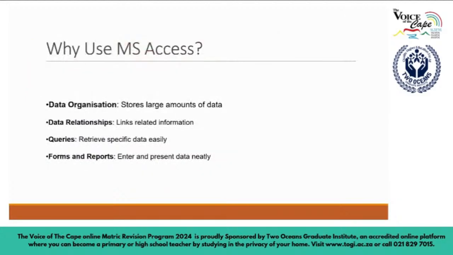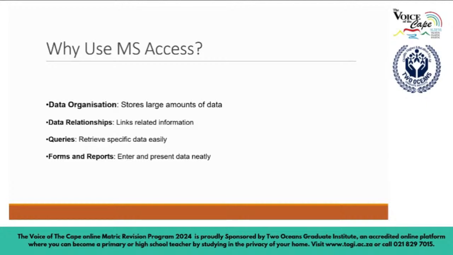For the next slide, why should we use MS Access? Firstly, it helps us to organize data into a structured format. Secondly, it allows us to link related information like learners and their subjects. Then thirdly, we can use queries to search for specific information.